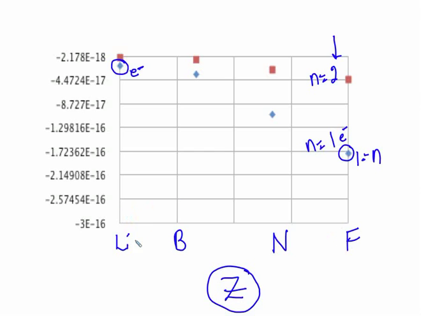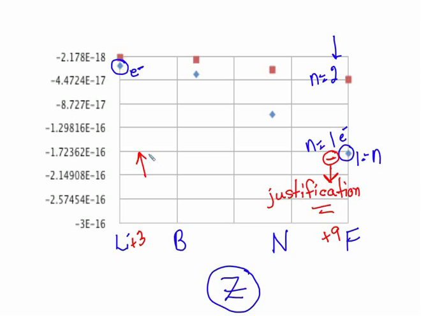Now, I hope that makes sense, because lithium has a +3 charge. Fluorine has a +9 charge. That negative electron really wants to get close to that +9 charge. That's going to be leading us into some of the justification that we need when we ultimately get into periodic trends. So very, very important.